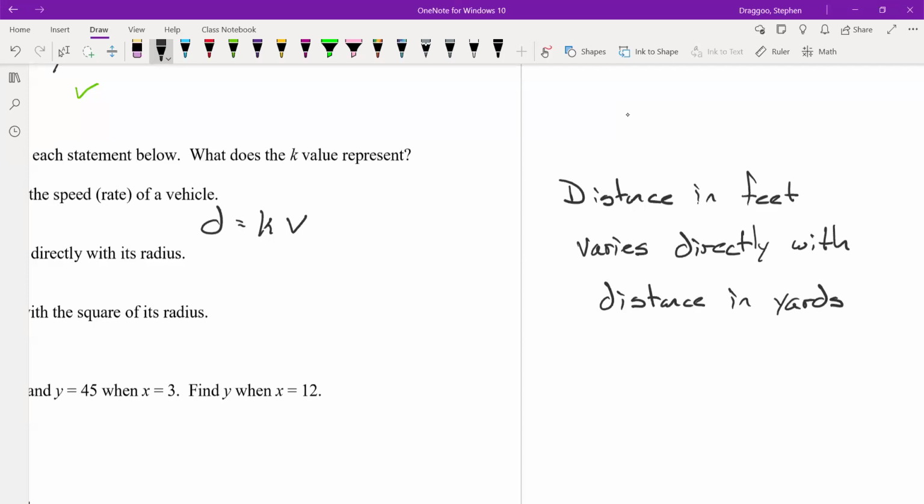Both of these are measuring the same distance, but one is measuring it in feet and the other is measuring it in yards. So that equation might look something like F equals K times Y. Let me actually write it the other way. Y for yards is equal to K times F. No, I had it right the first time. Shouldn't go doubting myself like that.